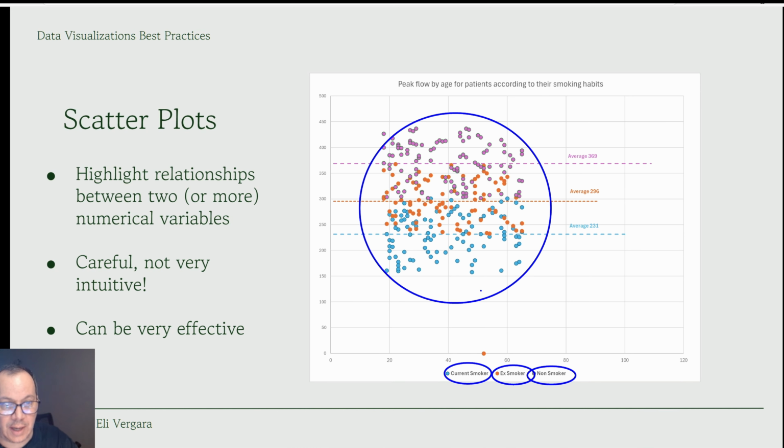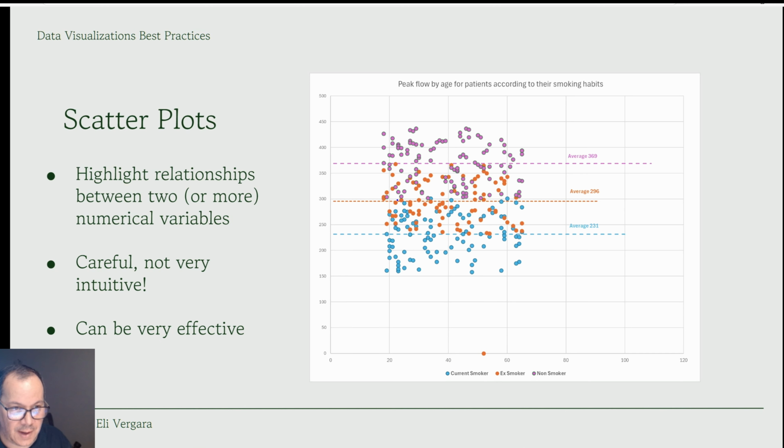A scatter plot allows us to separate those categories into different colors, and sometimes you can use different shapes. And then we added an average for all the pink ones, an average for all the orange ones, and an average for all the cyan ones. What that does is allows us to see the spectrum of data within those values.